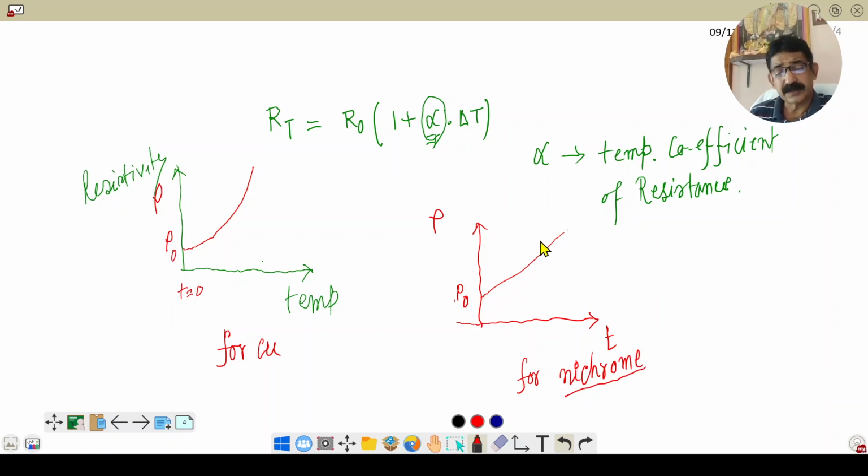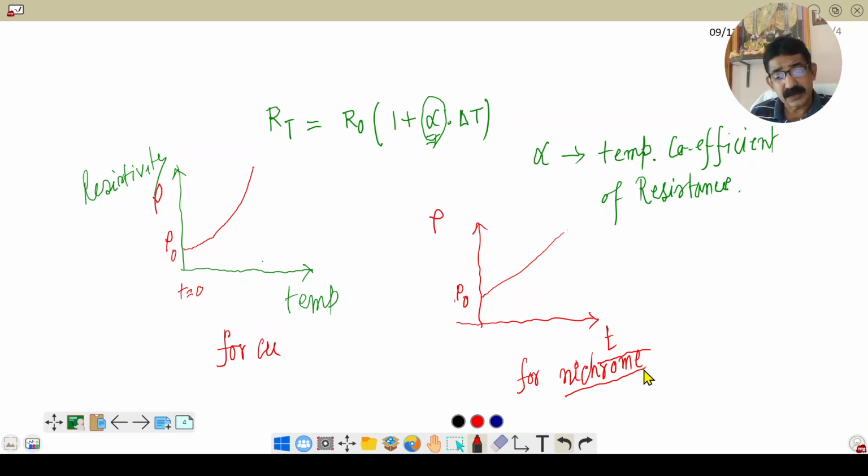So the variation of resistivity for nichrome is regular, and the variation of resistivity of copper is not regular like this straight line.